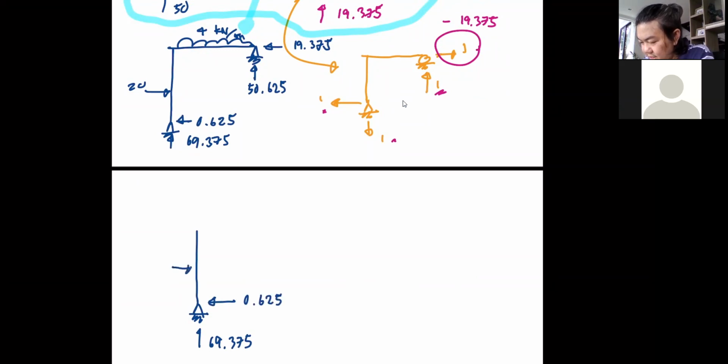That is 20. So now you know that has to be 19.375, right?